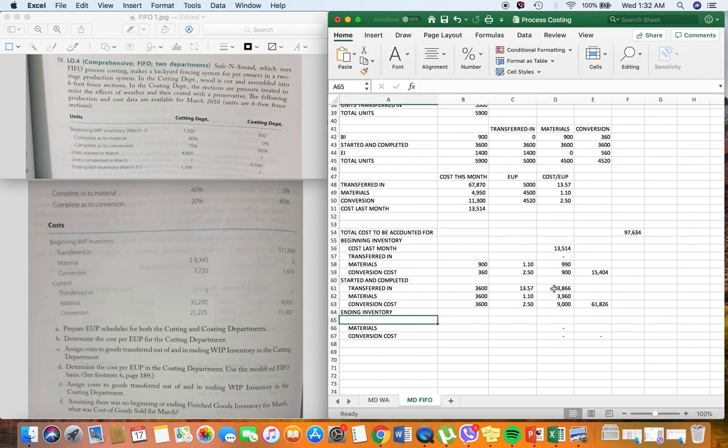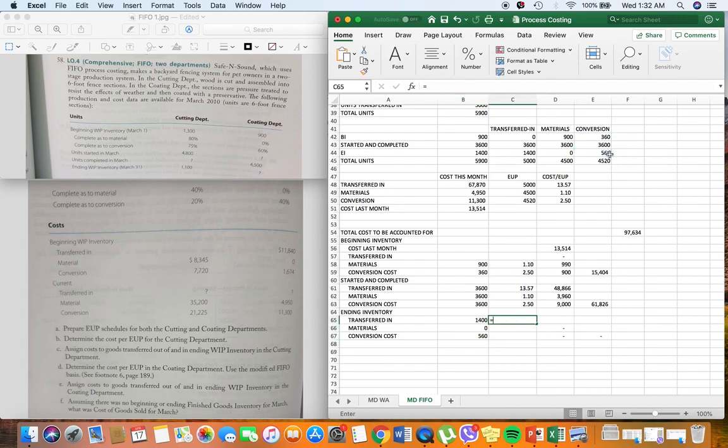For the ending inventory units naman, syempre we have another cost component which is the transferred in units. So we'll get the EUP, no, for the ending inventory units. So for transferred in we have 1,4. For materials, we have 0. And then for conversion, 560 yung EUP natin.